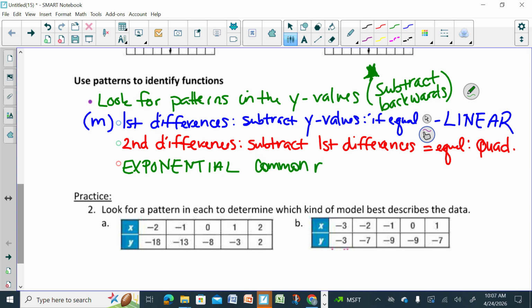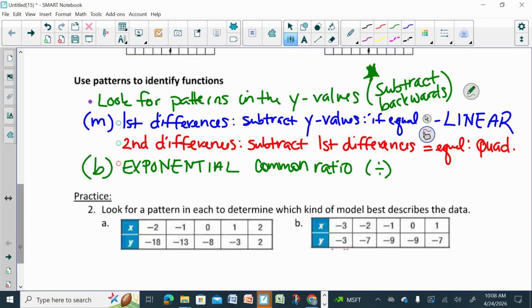And we did this back in chapter 7. We worked backwards through the data. And a common ratio is we actually divide the y values. Now, if you do that, you'll actually have the common ratio, which gives you the b value later on. So we're going to put that there. It doesn't really make sense right now, but we'll talk about it in a little bit.